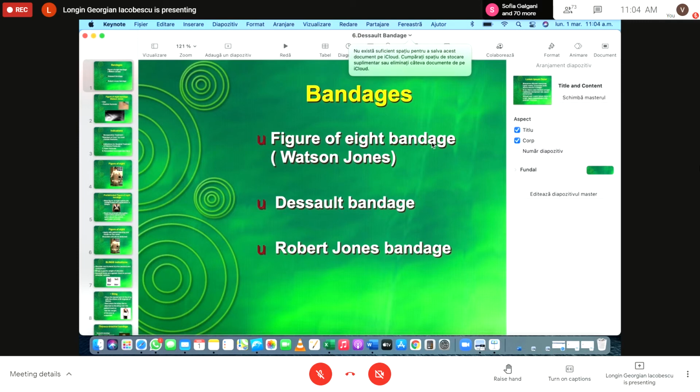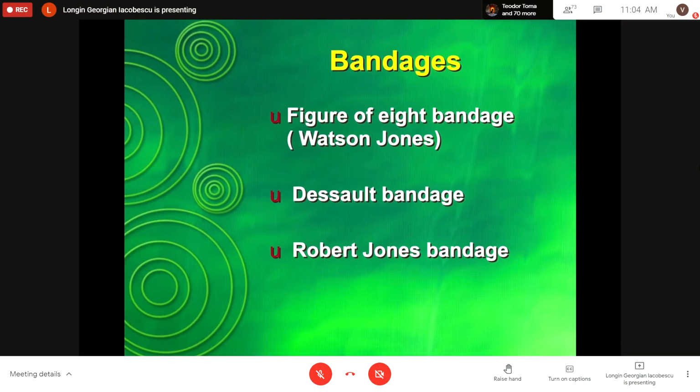Let's start a little quiz from what you know. For instance, when do we use the figure of 8 bandage? In what type of fractures? Do you have any idea? During clavicular fractures.